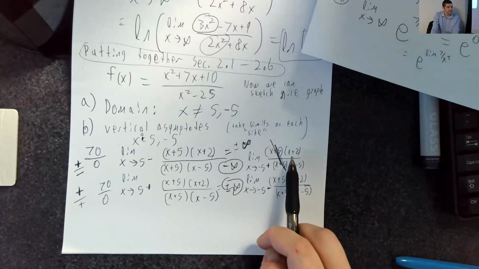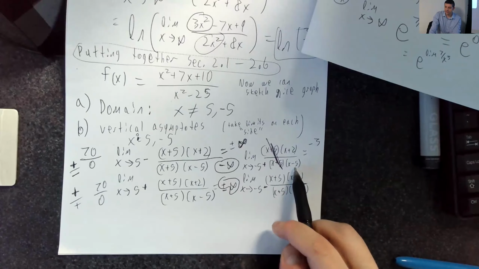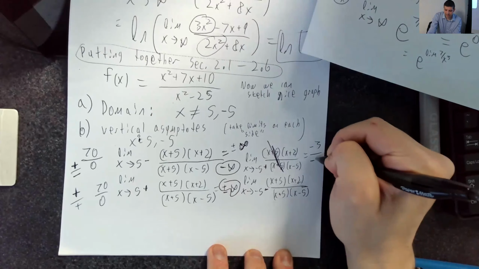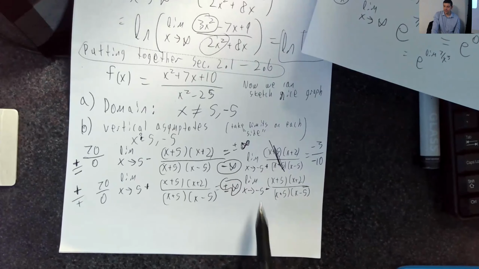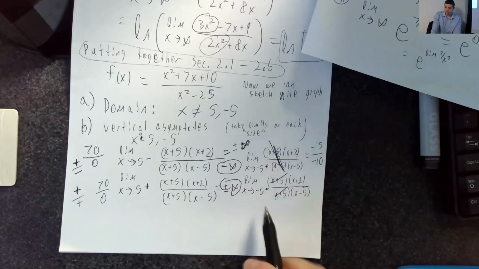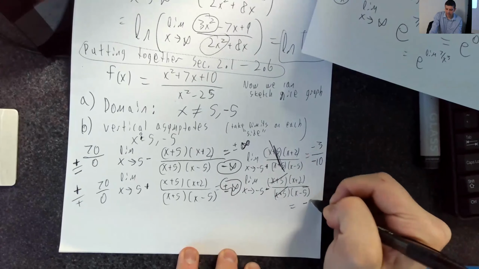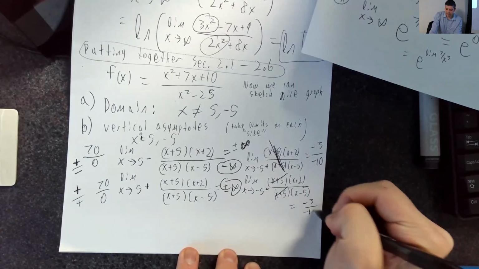The numerator becomes -5 plus 2, which is -3, divided by -10. Same thing, -5 from the left. It's a 0 over 0 case. We plug in -5, and we get -3 divided by -10.